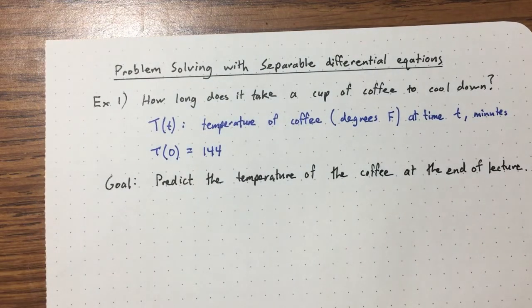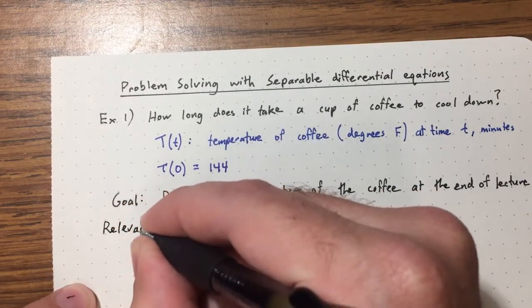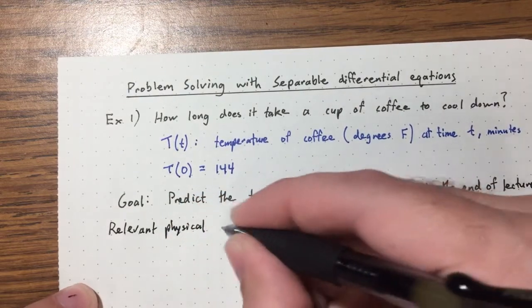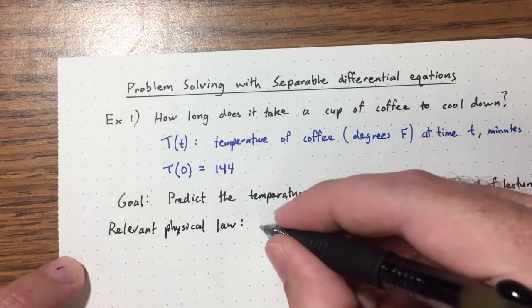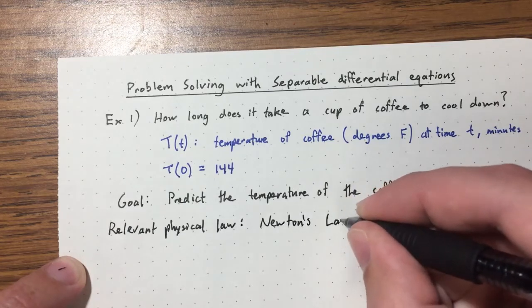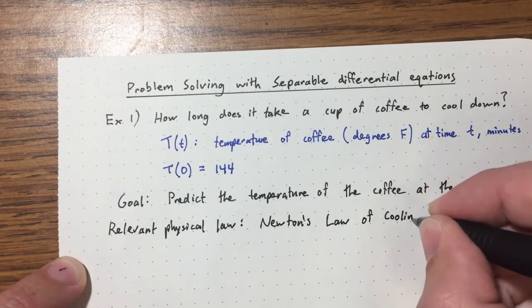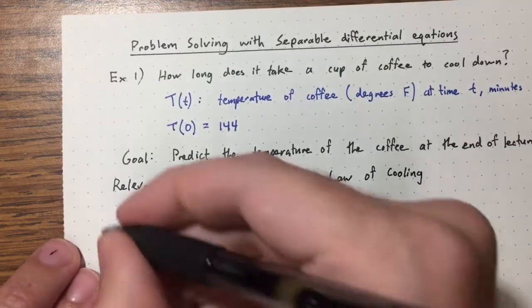Okay, so there's a physical law that's relevant here. So let's just say the relevant physical law is going to be Newton's law of cooling. Okay, so what does Newton's law of cooling say?